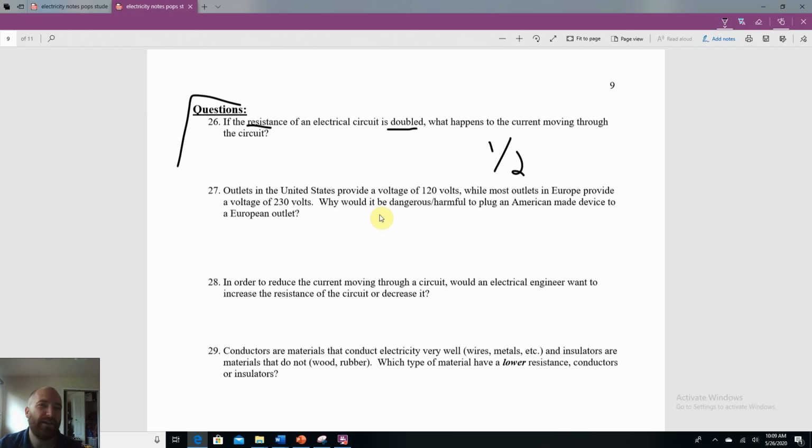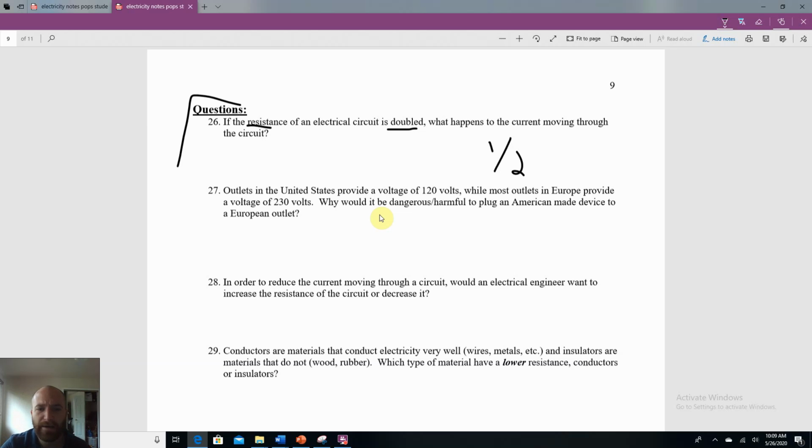They've got roughly twice as much voltage, and so if you plug your laptop, your phone, whatever it is, into their outlet, it would push twice as much electricity through your device, and that would be dangerous. Everything that you have isn't designed to operate like that. So you could start smoking or light on fire or something like that, which is why you need an adapter in order to plug into those outlets.